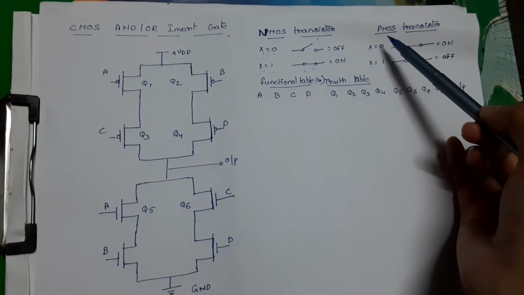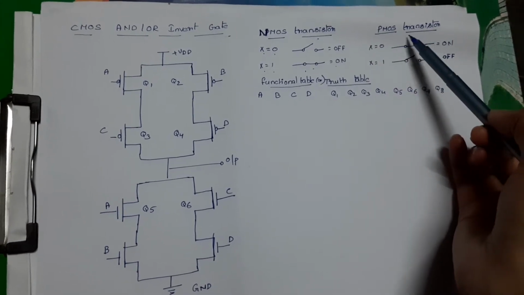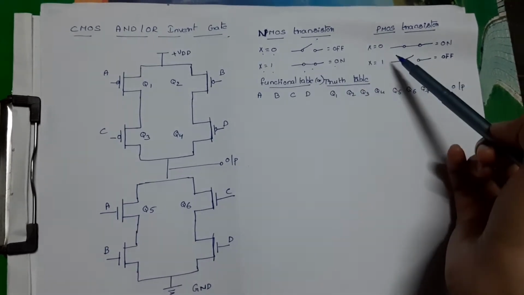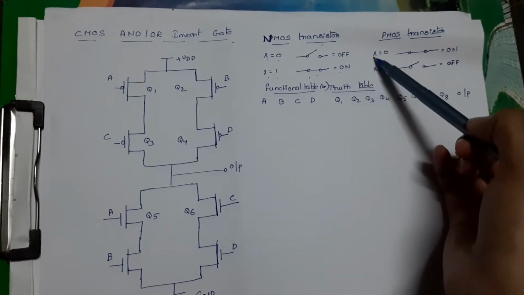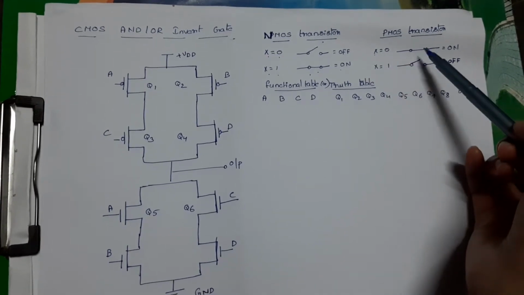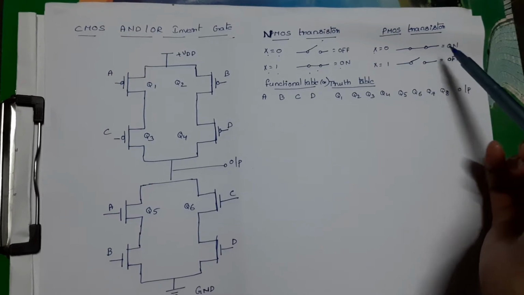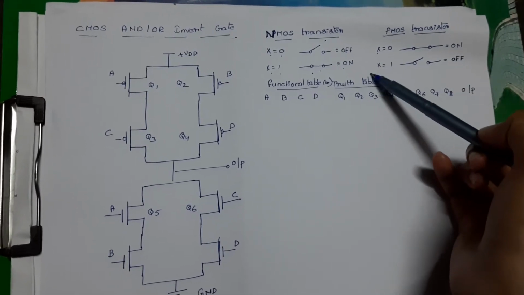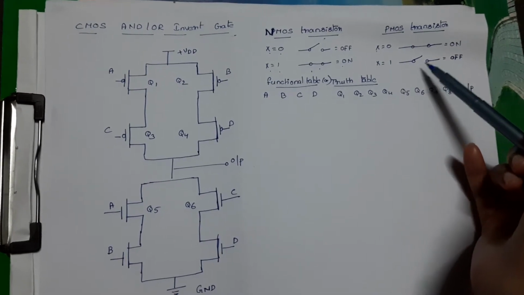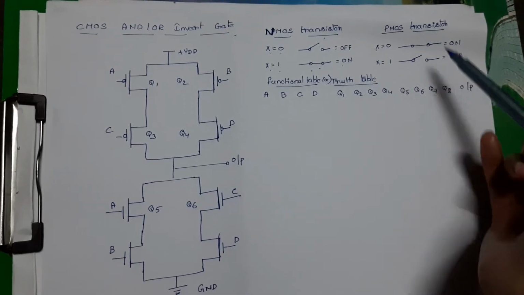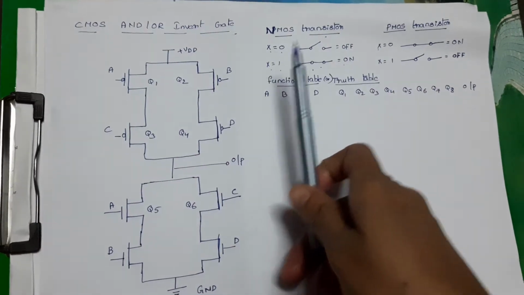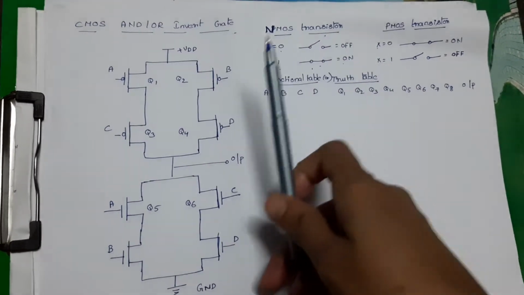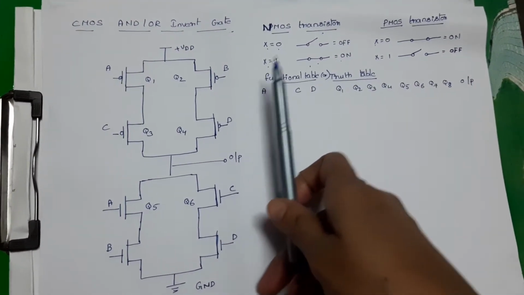Similarly, the PMOS transistor performs the reverse operation of the NMOS transistor. So input X equal to 0, the transistor is short circuited, that means the transistor is in the on condition. And X equal to 1, the transistor is open circuited and the transistor is in the off state. So PMOS is in the reverse condition of the NMOS transistor.